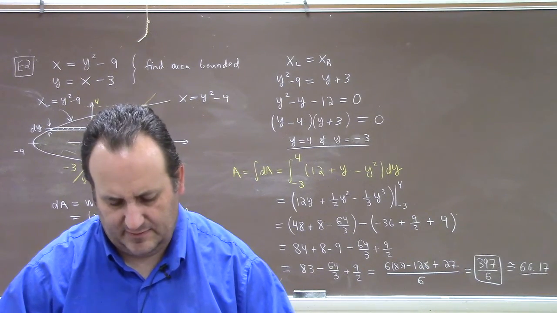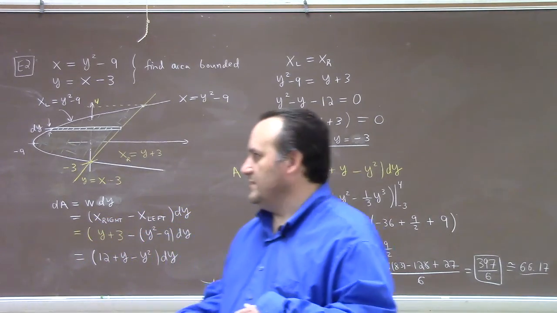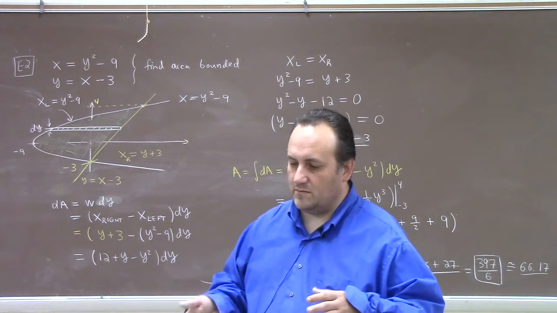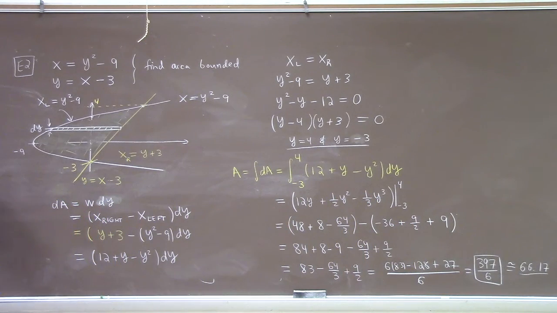There are other things that happen. Sometimes you have a shape like this: one curve, and the other curve might look like this, and you may be finding the area bounded between here and here.